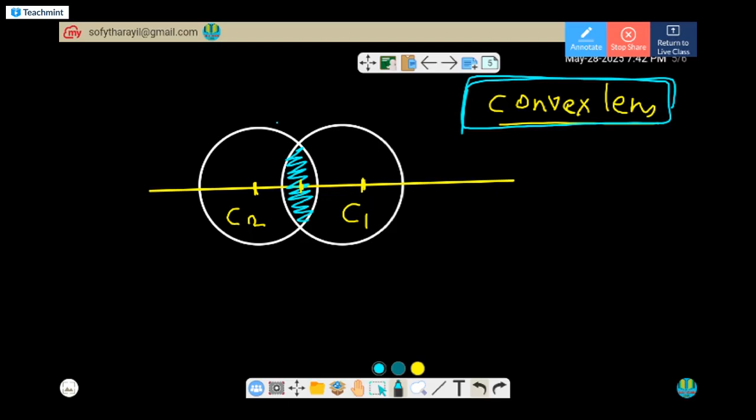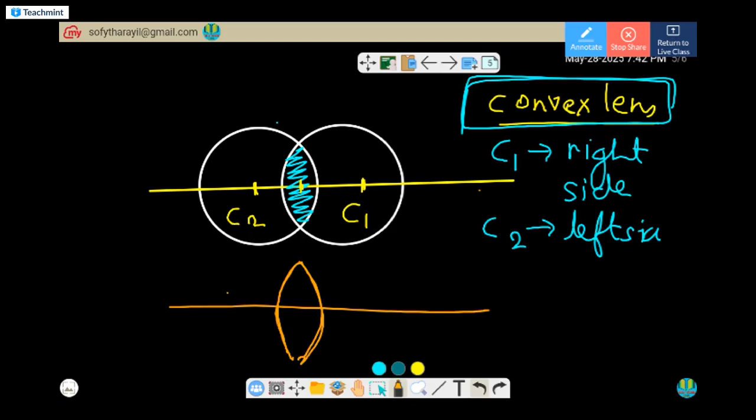So whenever it's a convex lens, C1 will be on the right side of the lens and C2 will be on the left side of the lens. That means even if you get rid of the circles and focus only on the lens you obtain from those two circles, C1 will be here and C2 will be here.